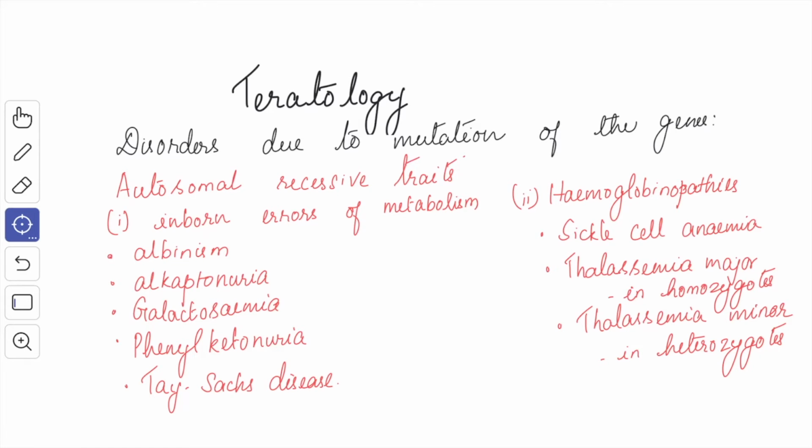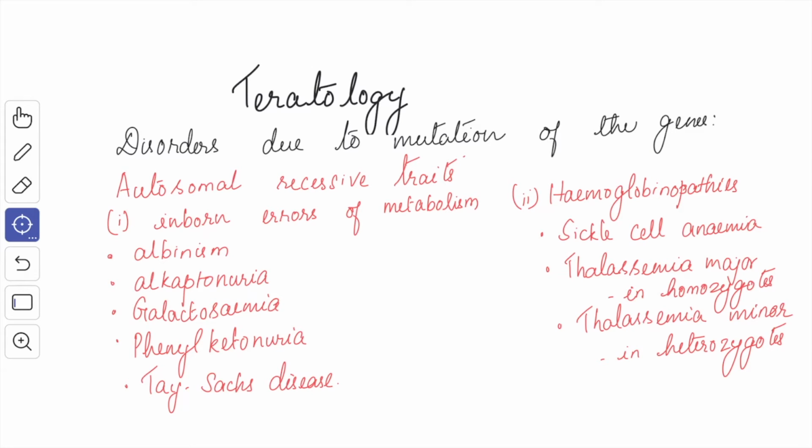Next, we'll see the disorders due to the mutation of the genes, which includes the autosomal recessive traits. So under this, you have inborn errors of metabolism and hemoglobinopathies. Under the inborn errors of metabolism, we have albinism, alkaptonuria, galactosemia, phenylketonuria and Tay-Sachs disease.